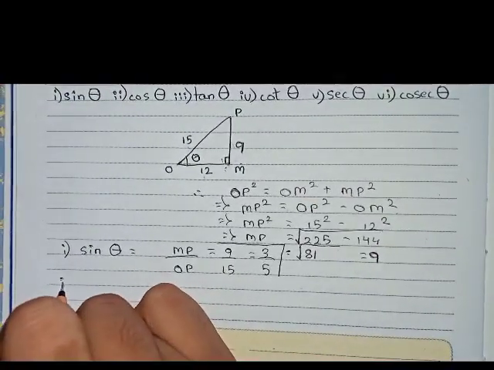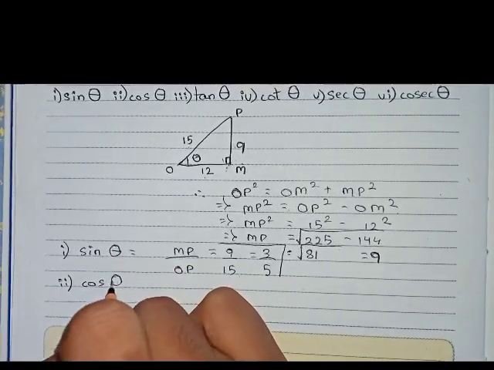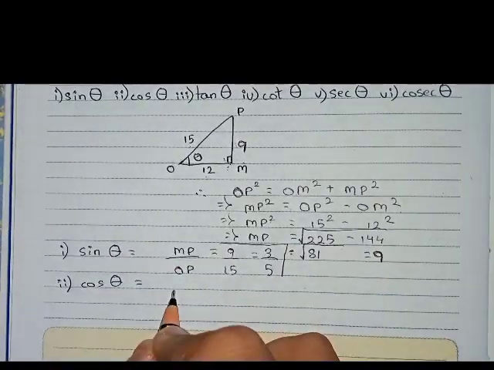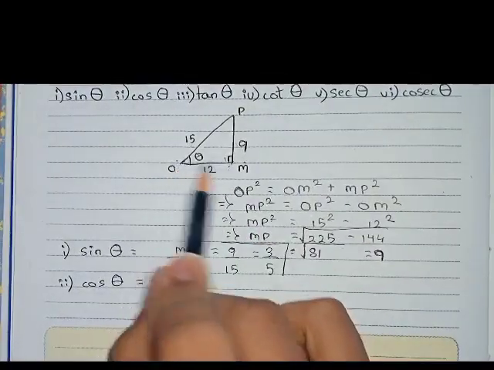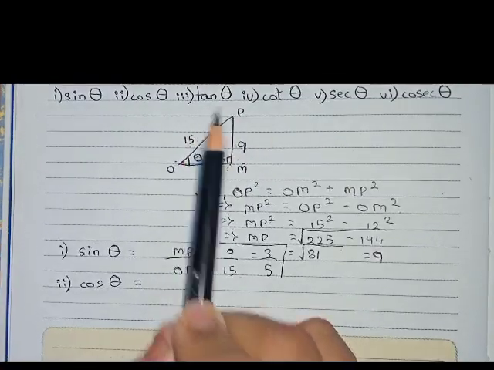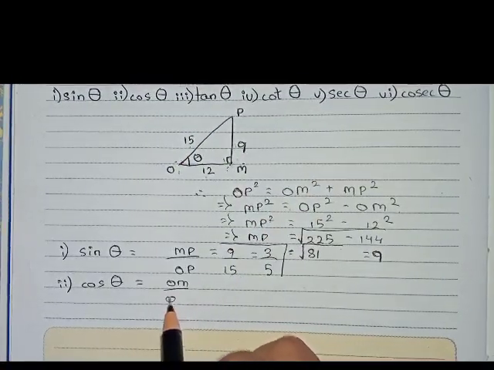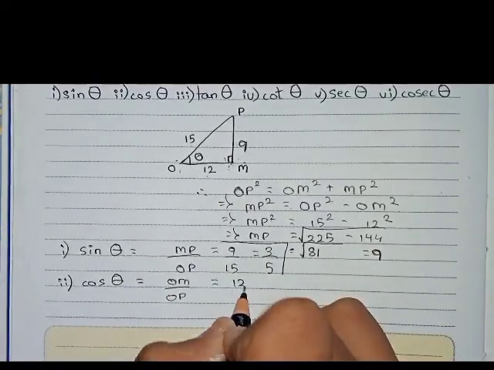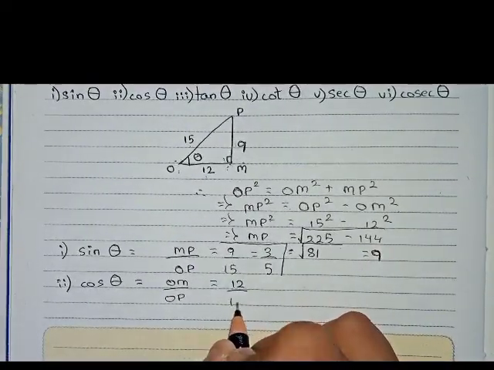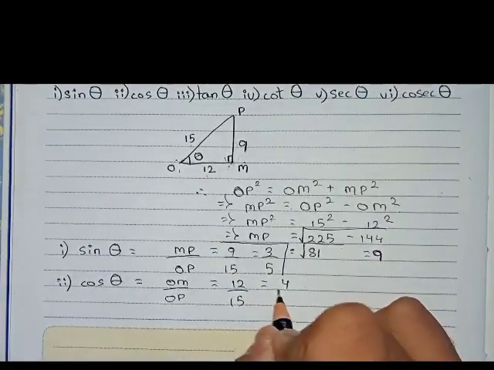Now second is the cos theta. Cos theta means base by hypotenuse. In this case our base is OM and our hypotenuse is OP. So OM by OP, OM is 12 and OP is 15. Now again if we cut by 3, it will become 4 by 5.